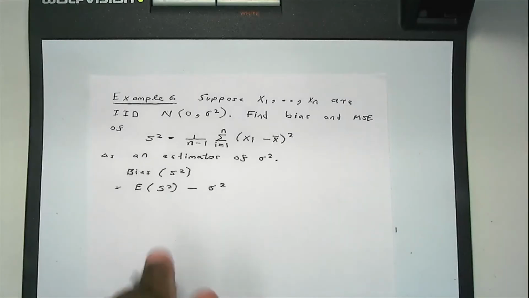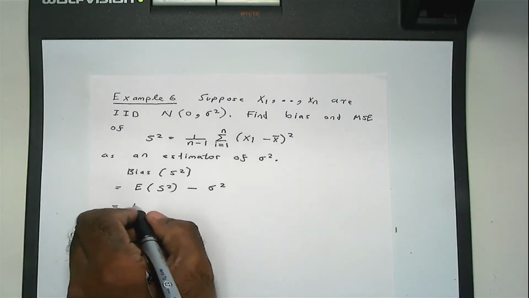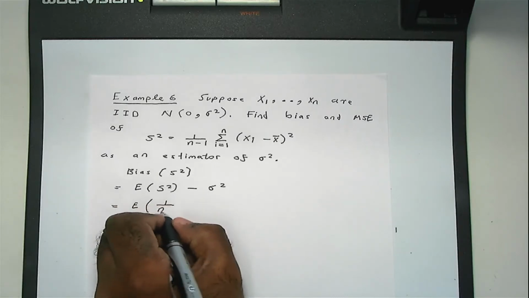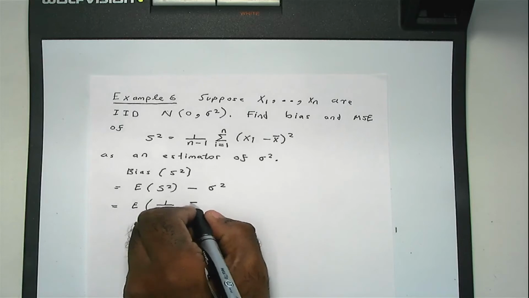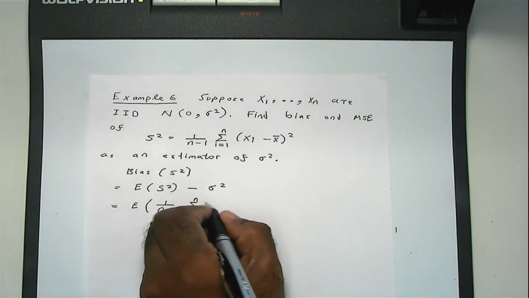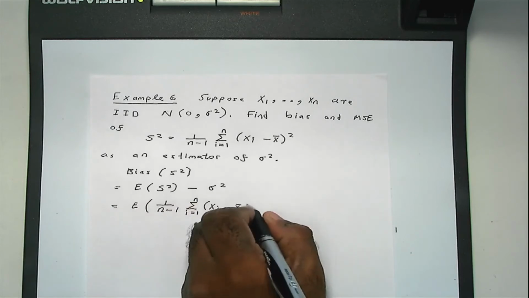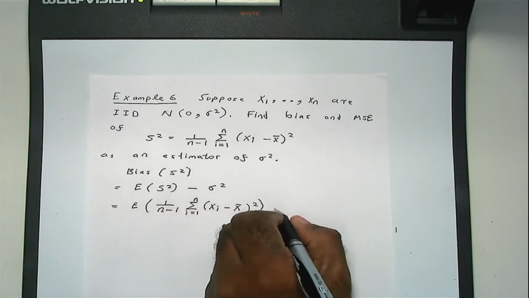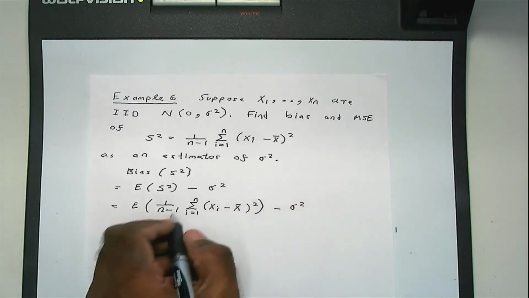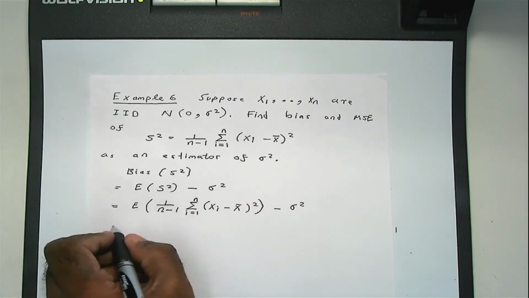So this is the expectation of the sum. I'm going to pull out the n minus 1, which is a constant, outside the expectation.